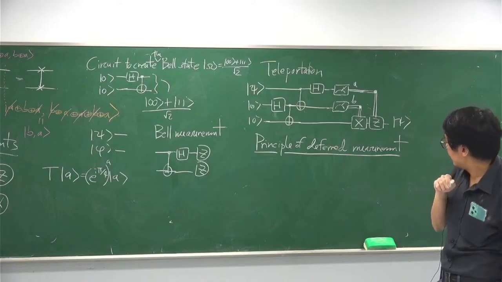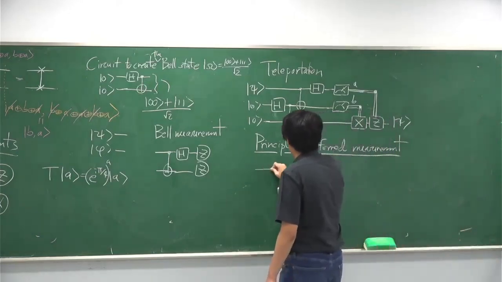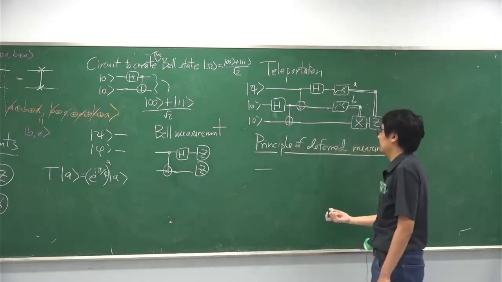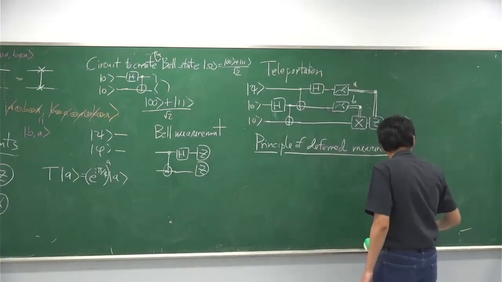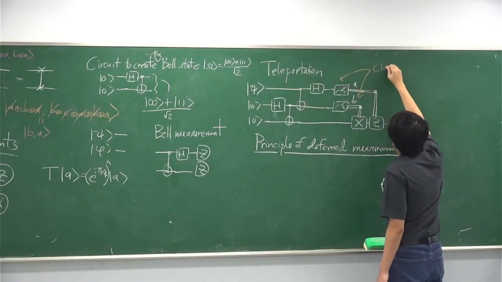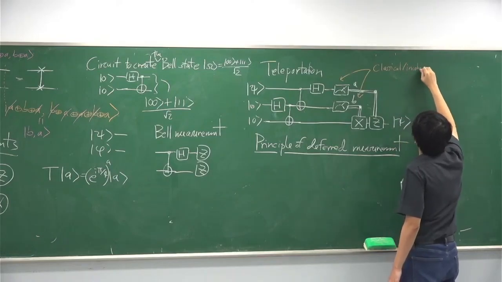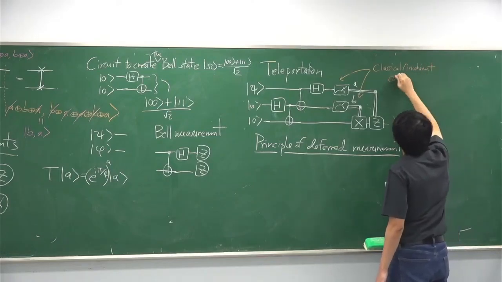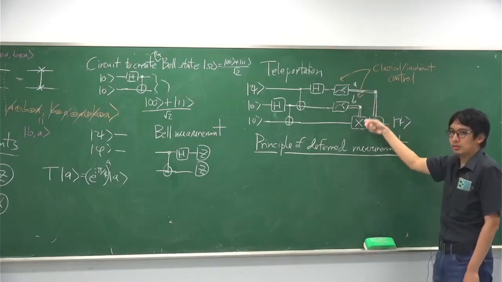Yeah. So suppose that I want to control. This kind of thing, you could call classical or, I don't know, incoherent control. Because you are doing control.